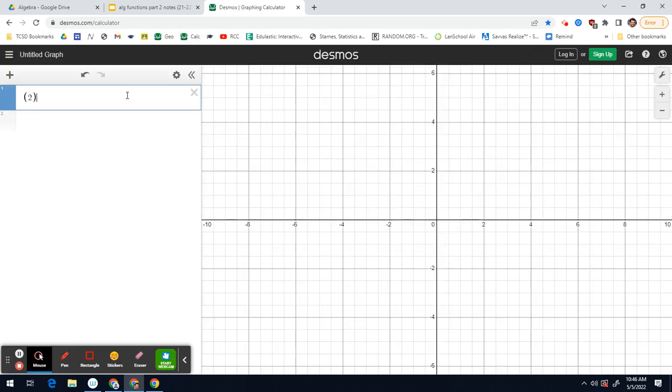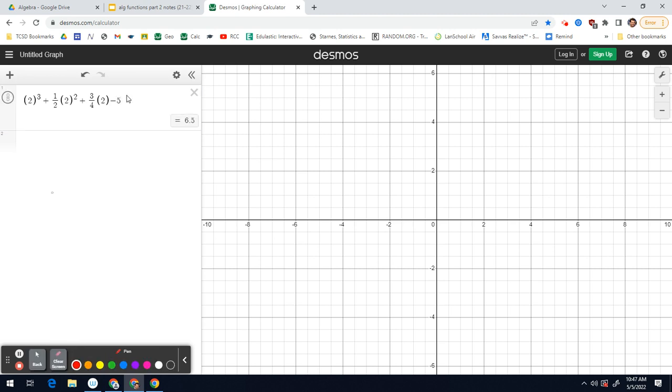So we have 2 raised to the 3rd plus 1/2 times 2 squared plus 3/4 times 2 minus 5. And there we go. I got 6.5. So if they accept decimals, 6.5 is what it comes out to be. If they don't accept decimals, press the fraction button. 13/2 is also 6.5. And there you go.